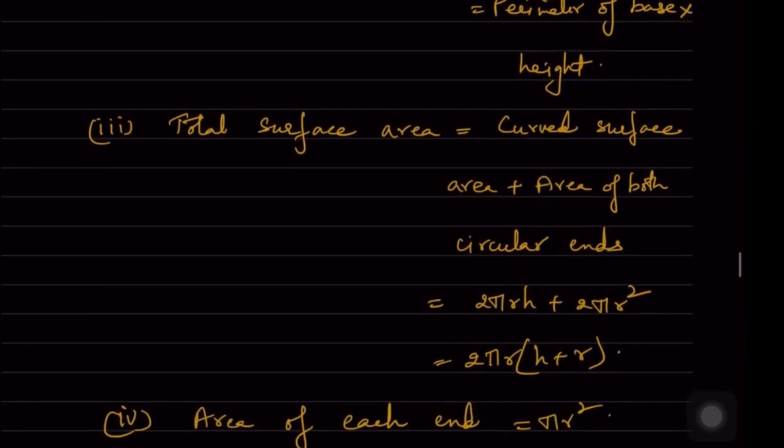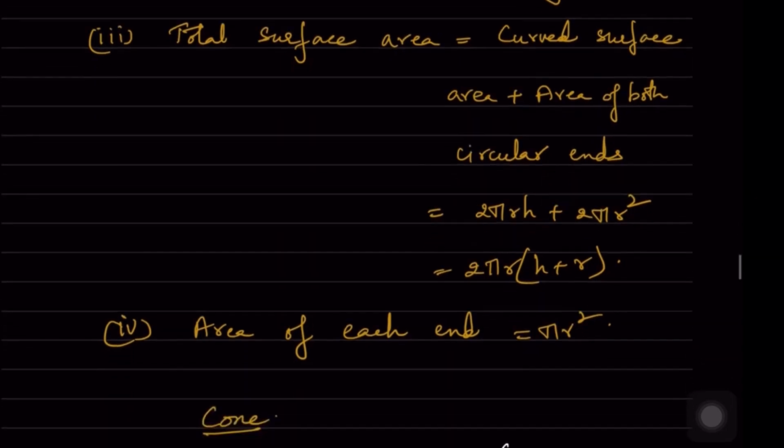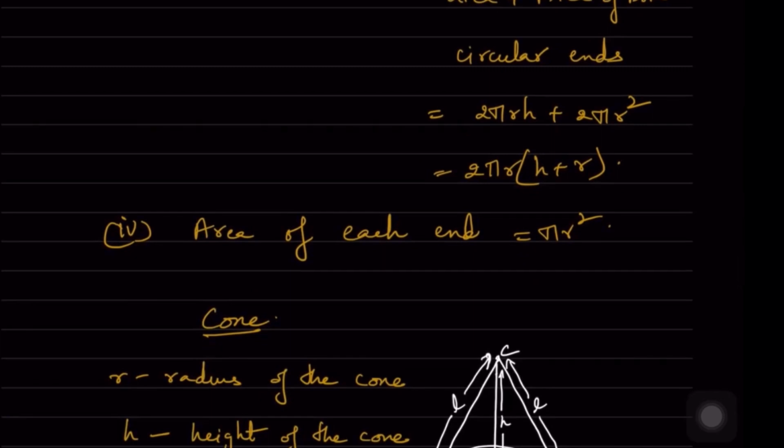Total surface area is equal to curved surface area plus area of both circular ends, so 2 pi r h plus 2 pi r square, which is equal to 2 pi r into (h plus r). Area of each end is nothing but pi r square, because they are circular in shape.